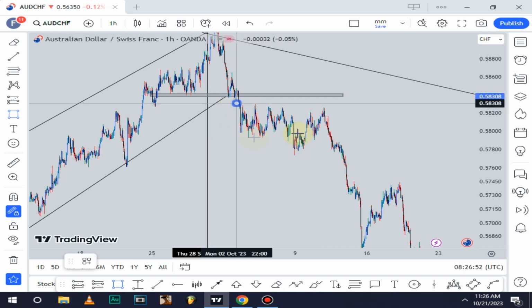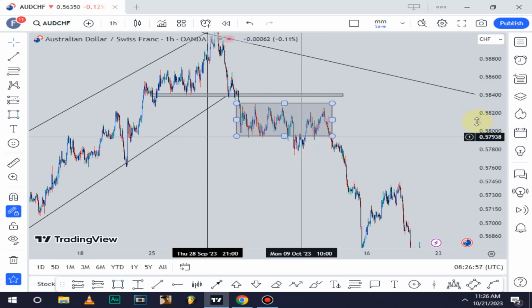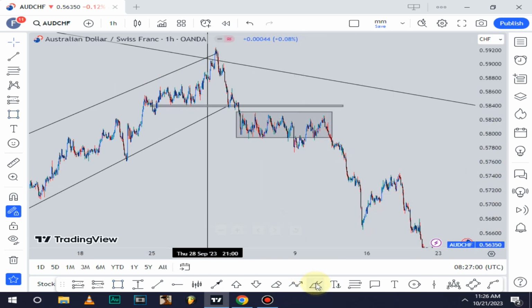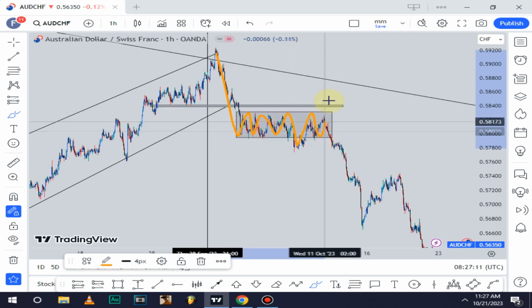Let me just mark that, this zone over here. When price was doing this kind of behavior, of course, I understood that this was some sort of correction or just a continuation pattern. So we had this impulse movement, then this was some sort of correction. So it was just a matter of time before we take our sell position, okay?